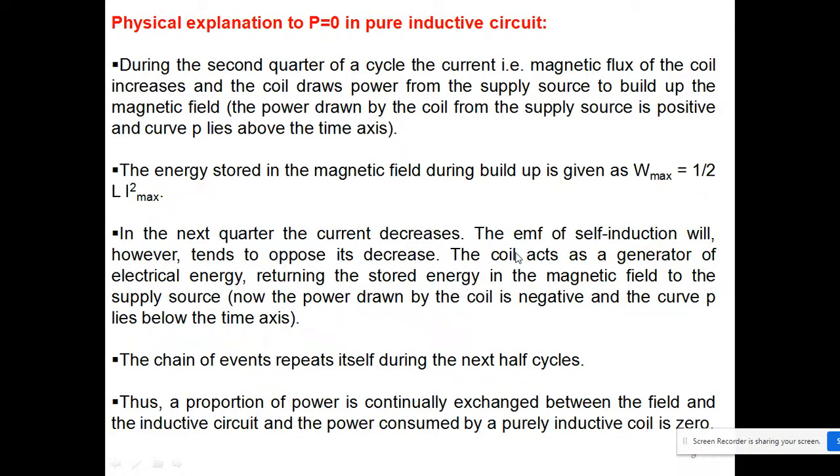So the coil acts as a generator of electrical energy, returning the stored energy, which is stored as magnetic energy. Now it is returning the stored energy in the magnetic field to the power supply, and that we represent by negative, and it lies below the time axis.